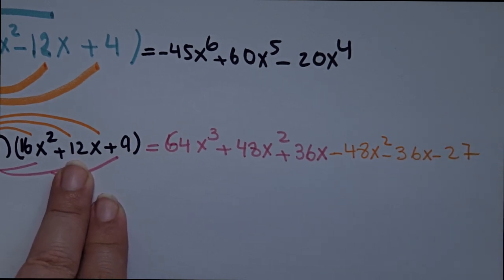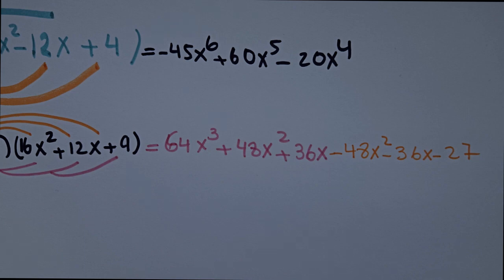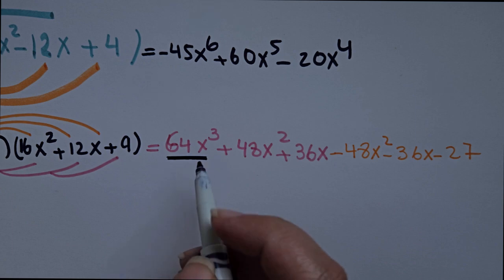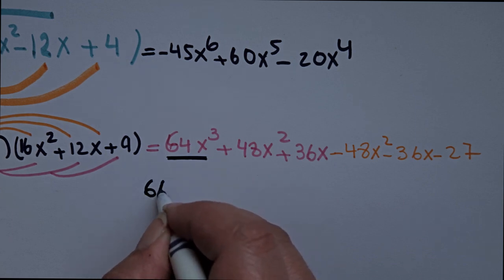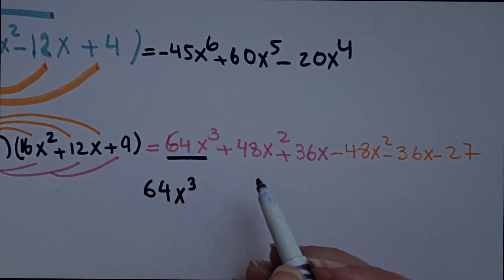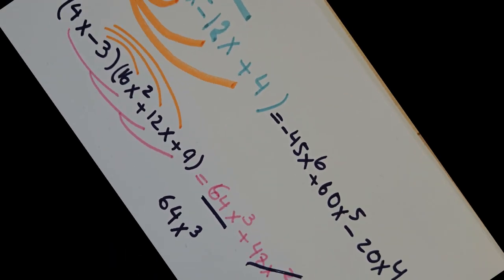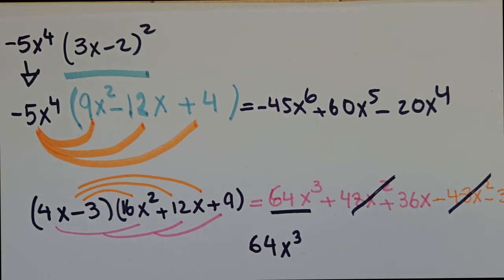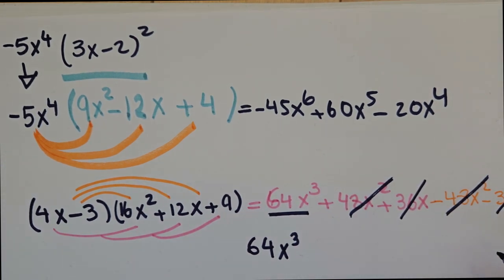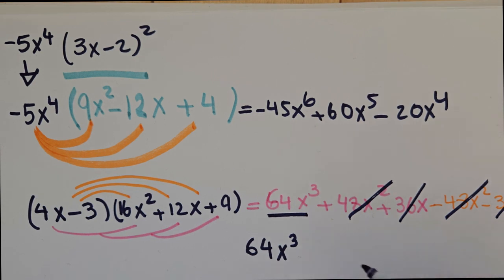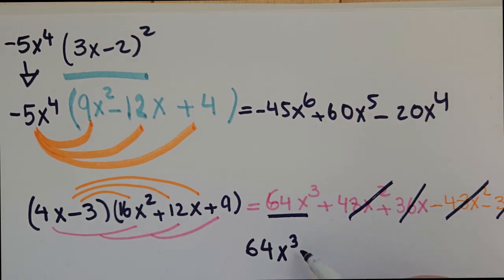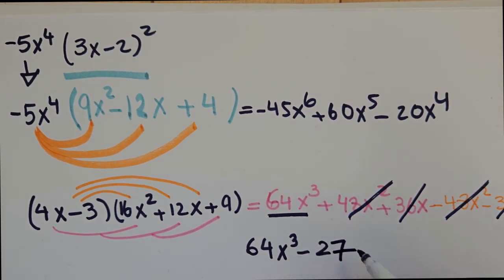And then the next step would be just collecting like terms. Okay, so x to the power 3: there is nothing with power 3, but power 2, this will cancel out with this one. Now, continuing with cancellation, plus 36 would be cancelled out with negative 36, and what is left is negative 27.